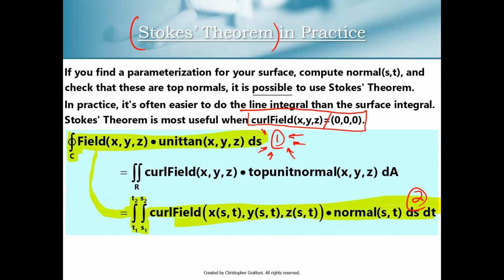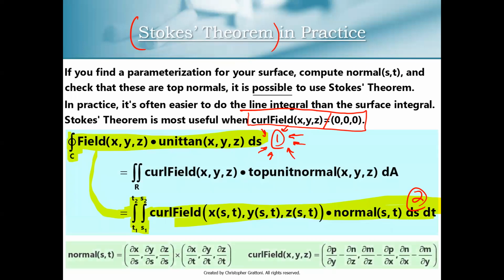You guys have been computing path integrals for several chapters now, and you're very good at them. Putting a path integral into 3D space doesn't make it that much more difficult. However, surface integrals, those can be kind of a pain, because basically your picture looks like this. You've got some curve C living in three-dimensional space, and you've got some surface R living in 3D space.